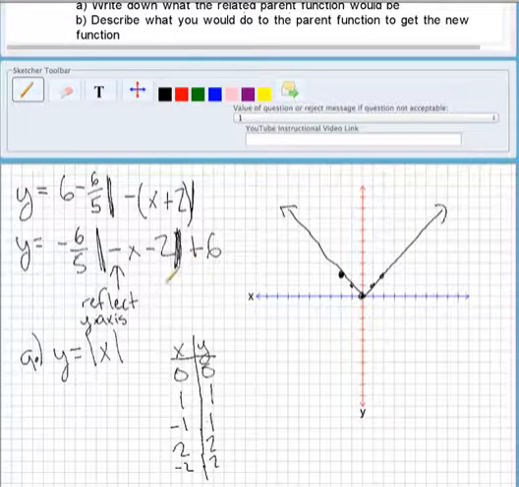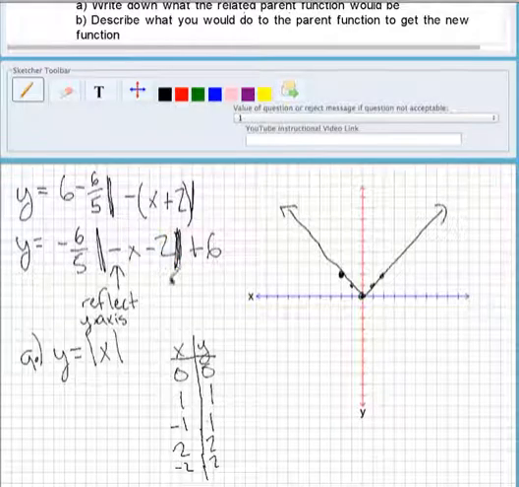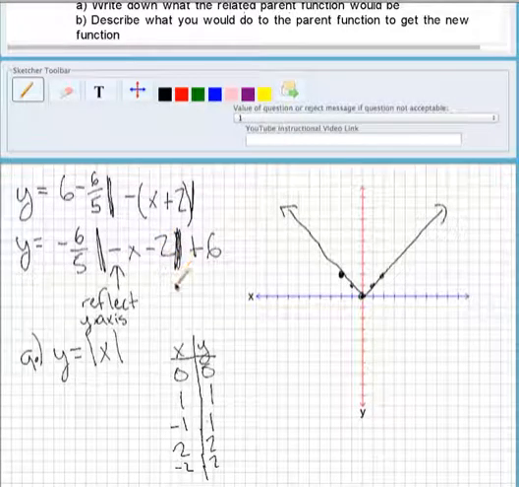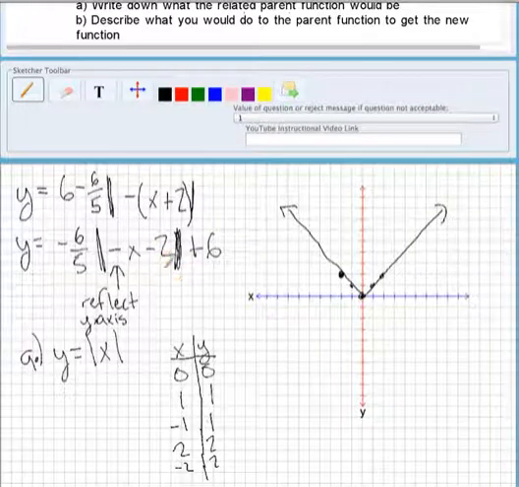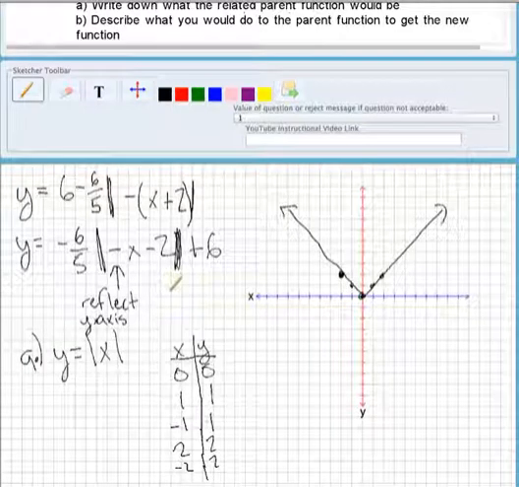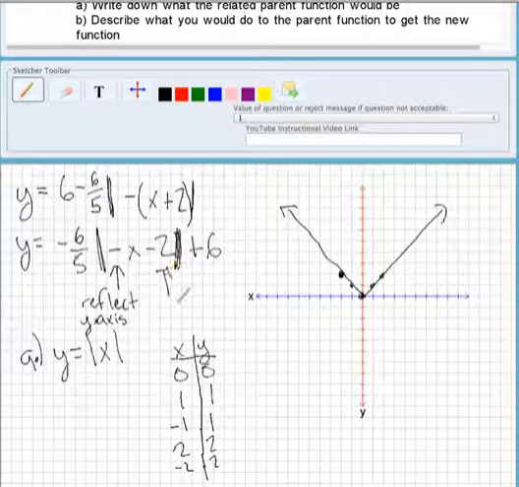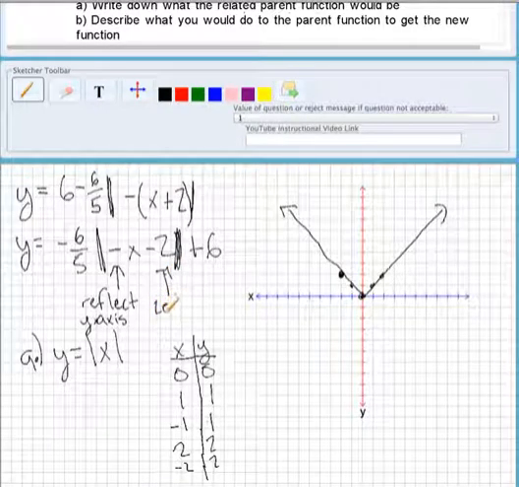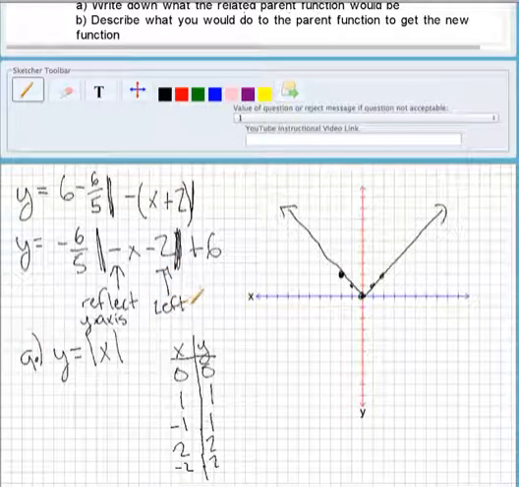The other thing inside this absolute value is, since x's lie to us, we're going to move this to the left 2.